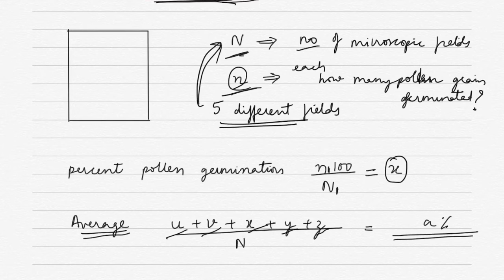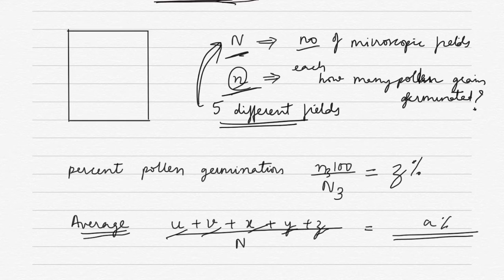In the second field, small n2 into 100 divided by big N2, we got Y%. Another field, n3 into 100 divided by big N3, we got Z%.